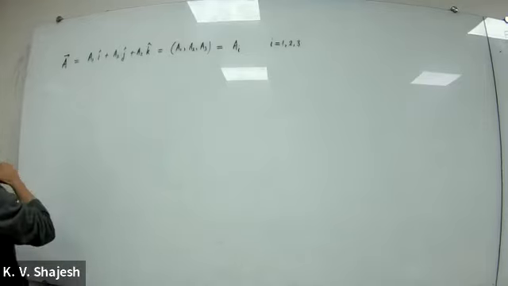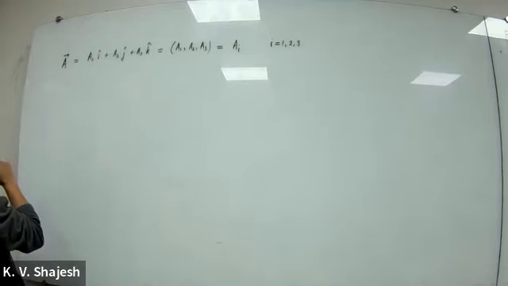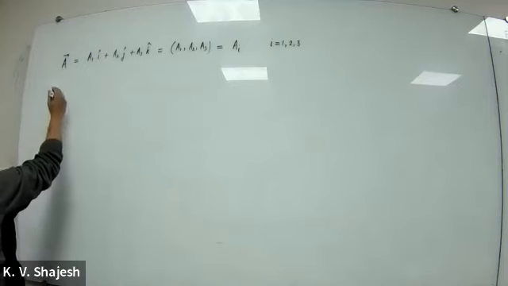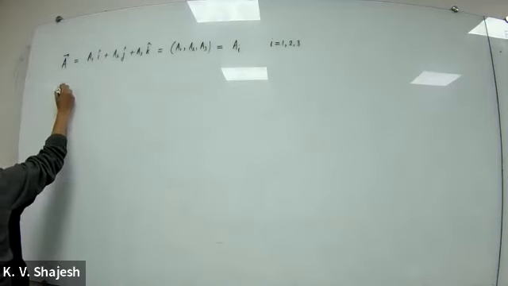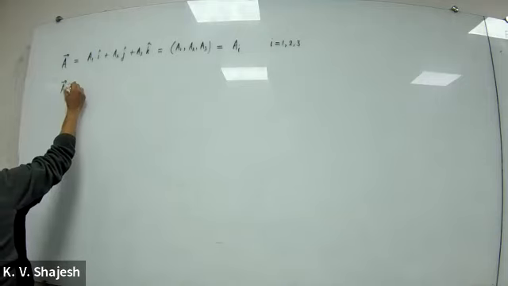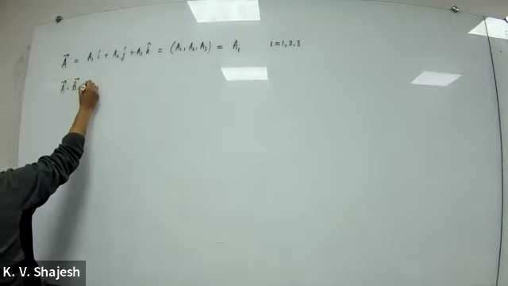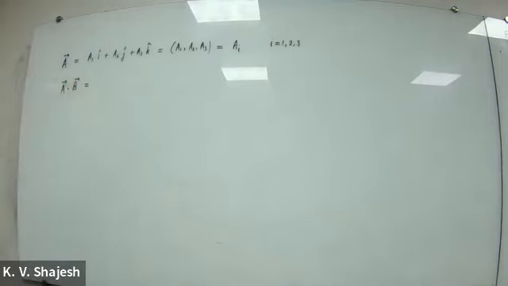Then what can we do with it? Let's say you are doing A dotted with B. That's a scalar product.